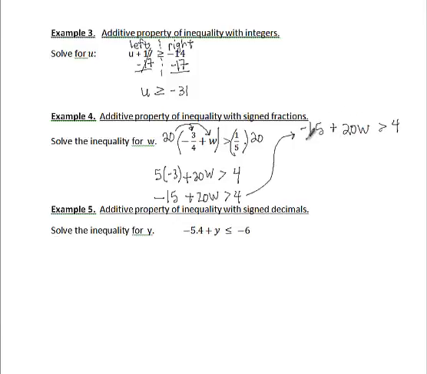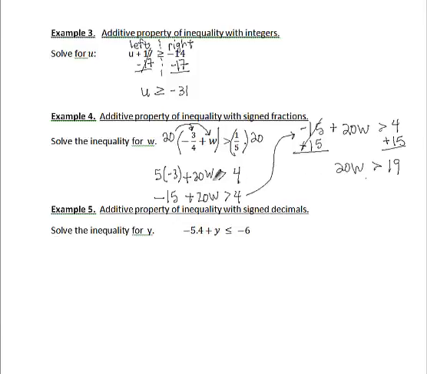So we get rid of the 15 first by adding 15 to both sides. Fifteens cancel on the left. We have 20w is greater than 19.